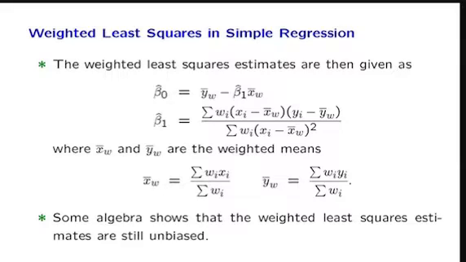The conventional one, where the constant variance holds, we basically call ordinary least squares estimate, right? But now we call this one weighted least squares estimate. If you want to go by algebra, they are still unbiased and their variance has been stabilized.